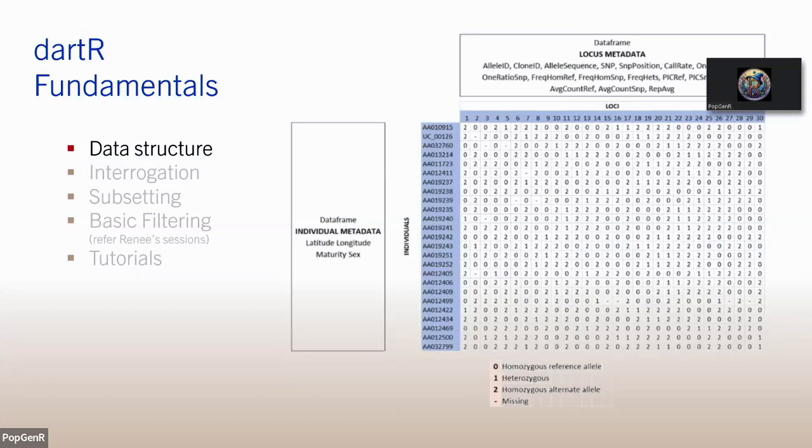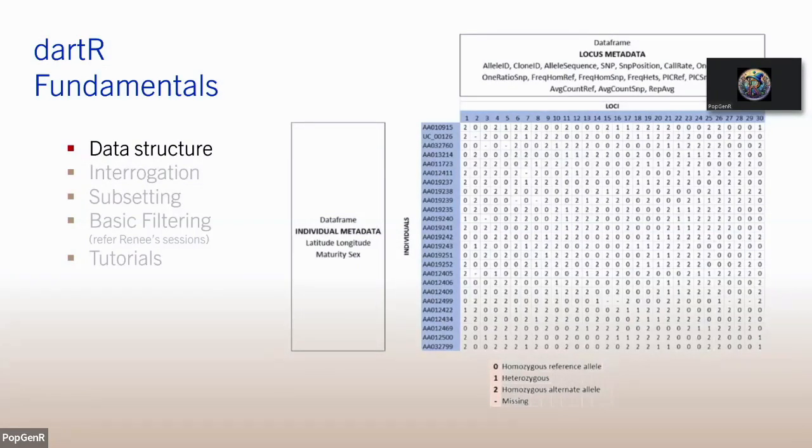So you've got, for example, your allele ID, your clone ID, allele sequence, you've got the actual SNP state change, SNP position in the sequence tag, you've got the call rate, all the way through to the RepAvg value. Each locus has these attributes associated with it, and it's in a data frame that's next to the actual data matrix, and it's linked to it in the genlight object. You don't have to worry about that.